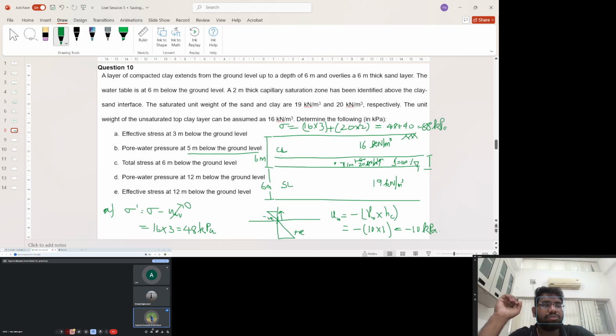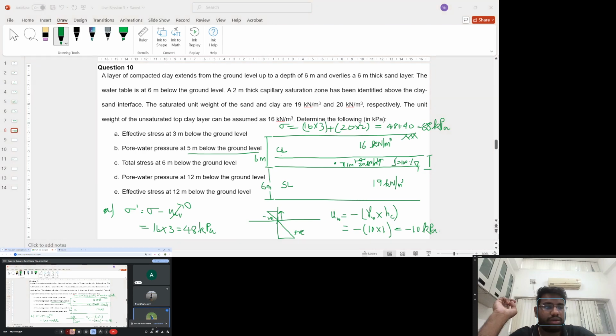Now if I extend this to effective stress, then the pore pressure will be negative, and the effective stress at any point will be greater than the total stress, since there will be an addition due to the tension.